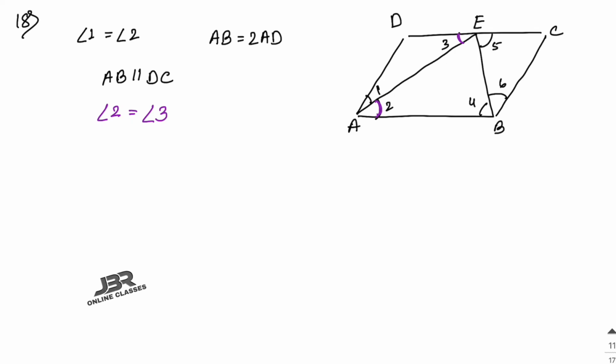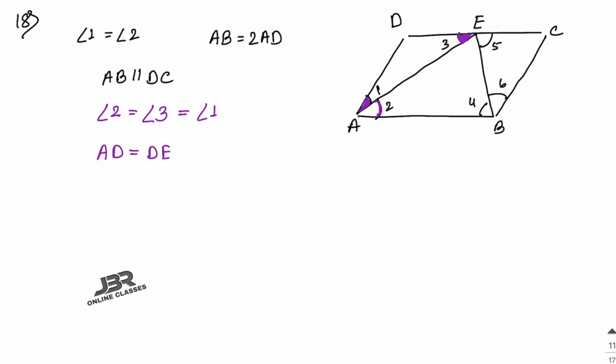And also angle 1 is equal to angle 2, so angle 3 is also equal to 1. So in this triangle ADE, angle 1 is equal to angle 3. That means ADE is an isosceles triangle. So AD is equal to DE.